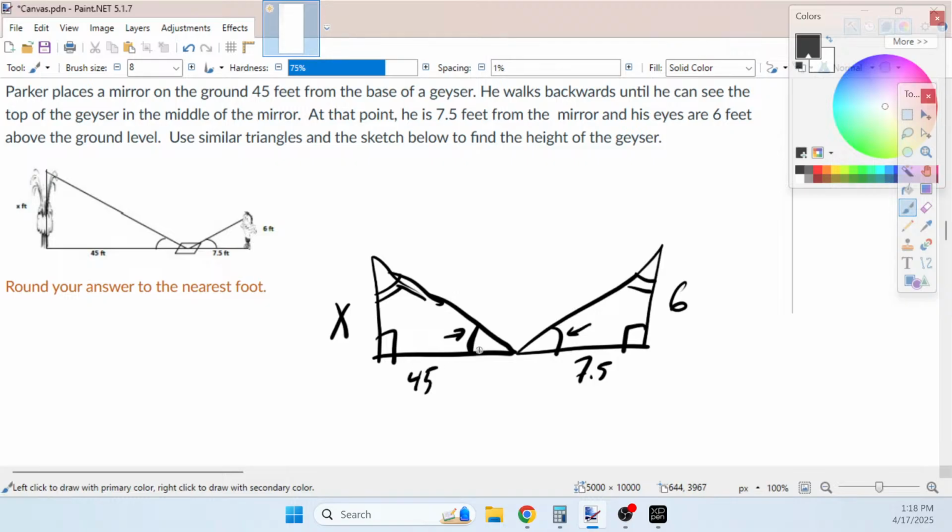You can set this up a bunch of ways. I think that x over 6 has to equal 45 over 7.5. I multiply both sides by 6, so x equals 45 times 6 over 7.5.